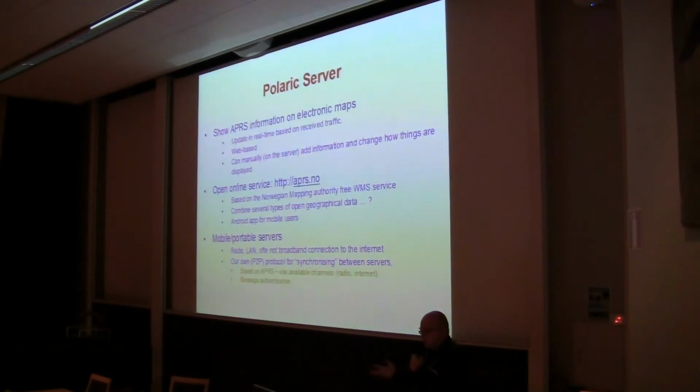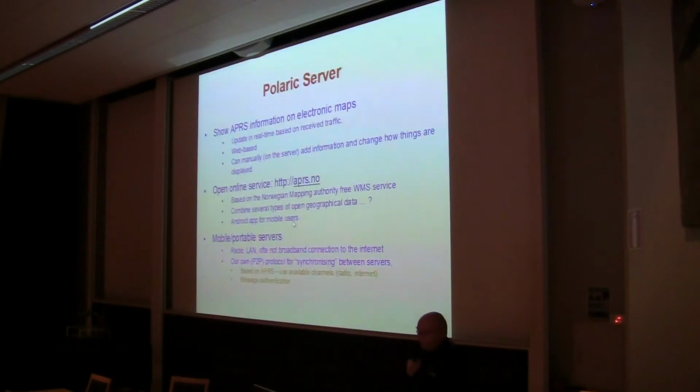So it's a server solution, and you can do things on the server, like adding information or changing how things look on the map, and everyone will see that. It could be a different agency, it could be the police, it could be Red Cross, actually using this system. It has been extremely important that the Norwegian Mapping Authority has opened up their data.